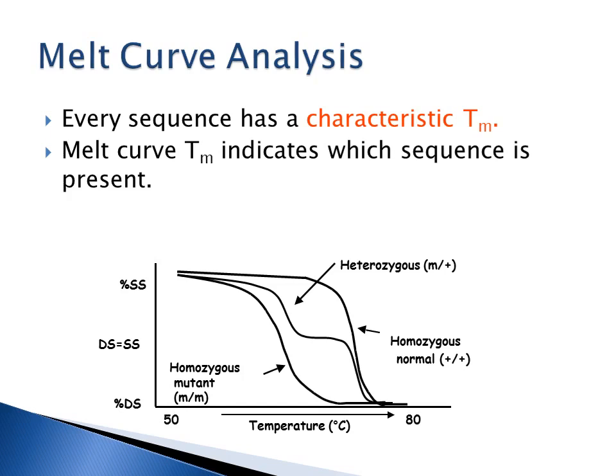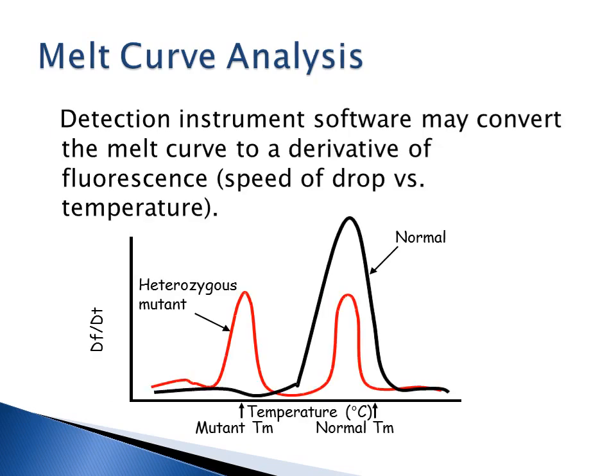So those strands are going to melt at different temperatures because their nucleotide sequences are different. So you can actually use computer software to convert the melt curve to a derivative of fluorescence. And then you're looking at these little peaks, which are going to tell you if you have a heterozygous, a normal, a homozygous, etc.